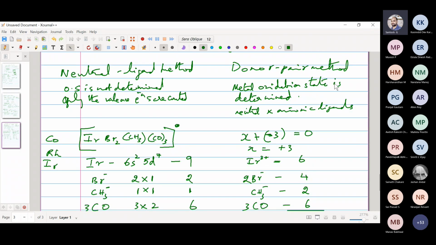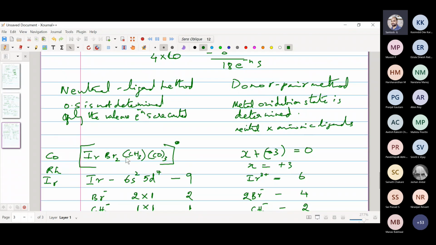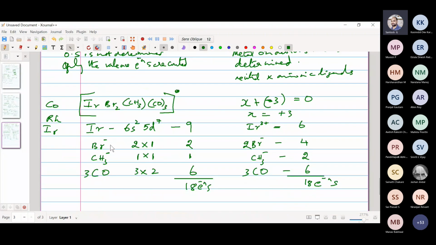Now in the donor pair method, you seek to find the metal oxidation state. So that you can find by knowing which of the ligands are anionic in nature. So you should have a certain amount of idea which is a neutral ligand and which is a non-neutral ligand.